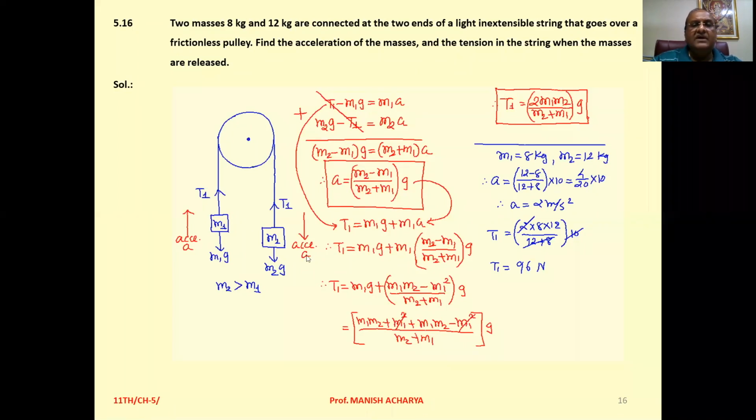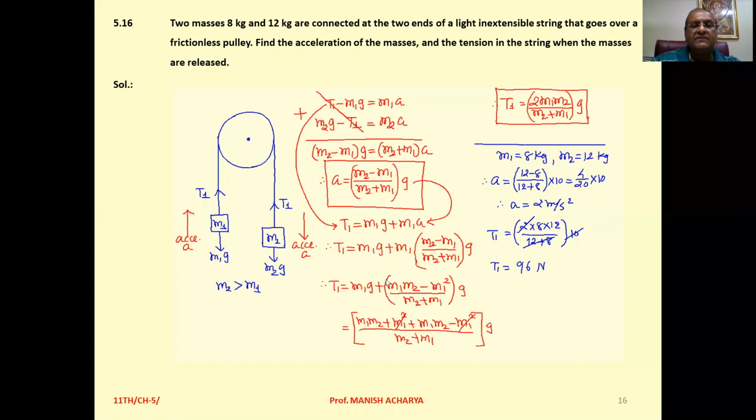Now, we have the equation T1 minus M1g equal to M1a. Here make T1 the subject. So T1 equals M1g plus M1a. Now substitute the value of acceleration into this equation.